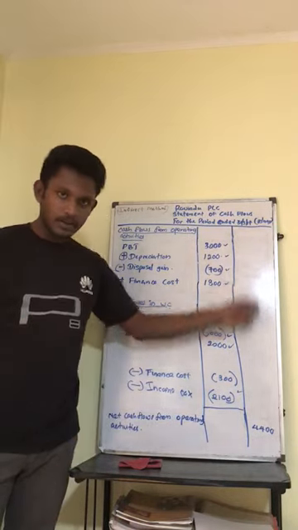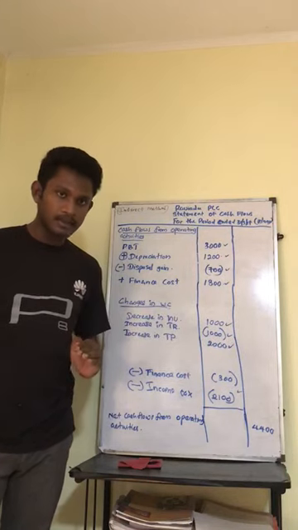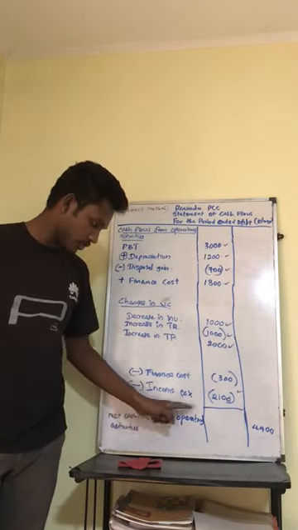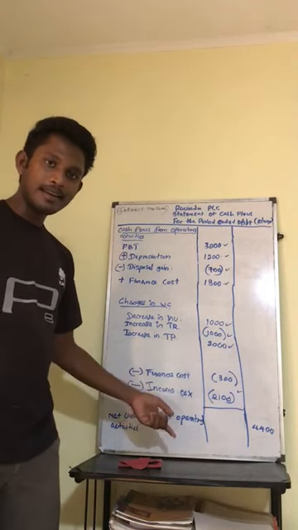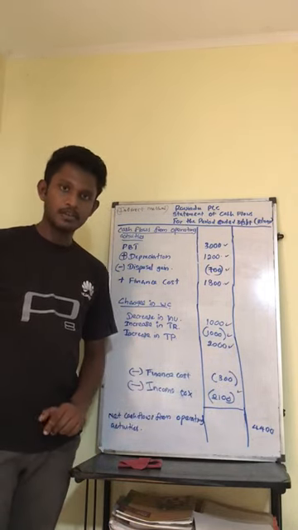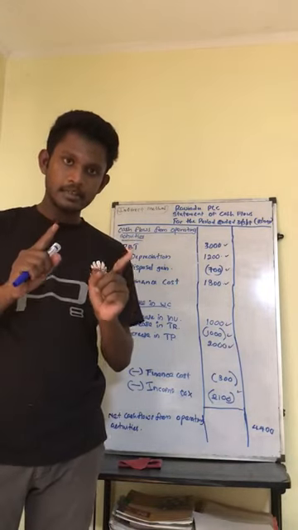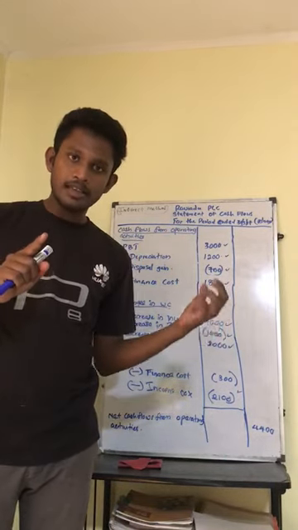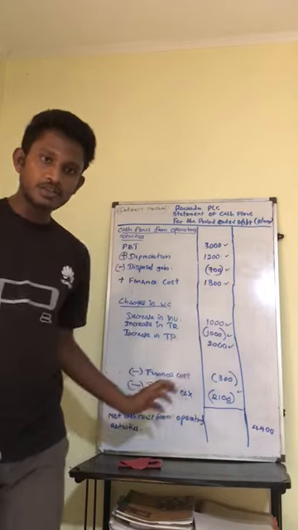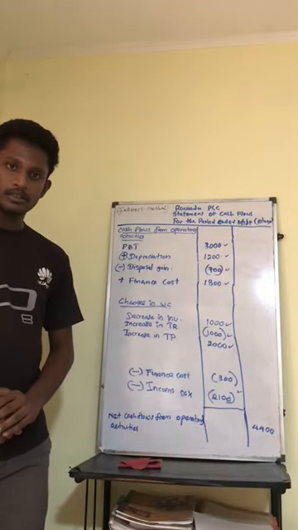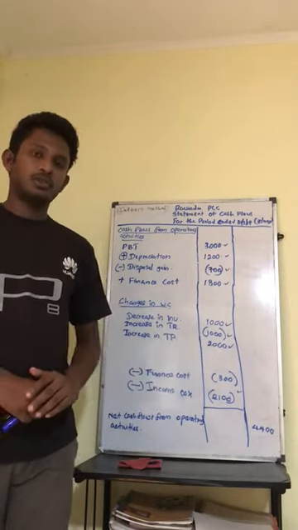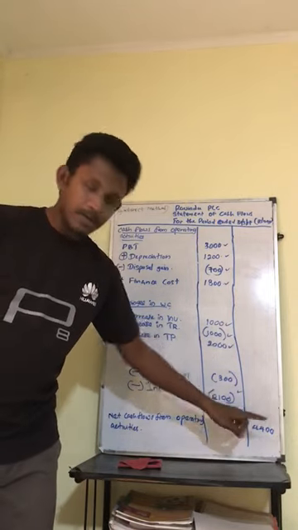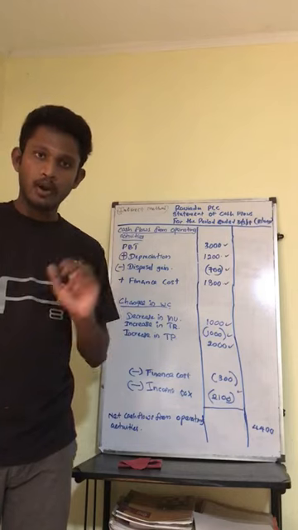Now in the second column you can see there are only 3 balances: net cash flows from operating activities, investing activities and financing activities. If you sum up those 3 balances, you can see it is getting tallied with the change in cash and cash equivalents during the year. According to this question, it is 100, right? So the sum of these 3 balances should be equal to 100.